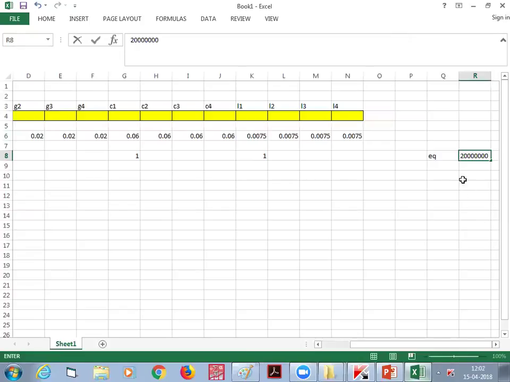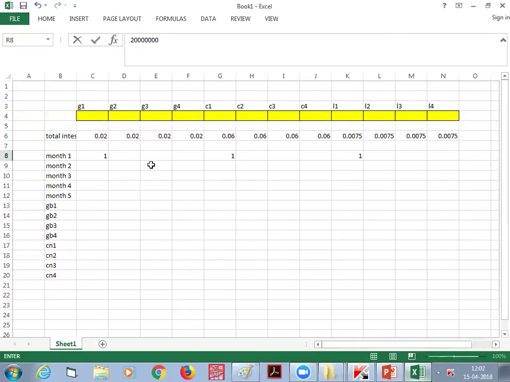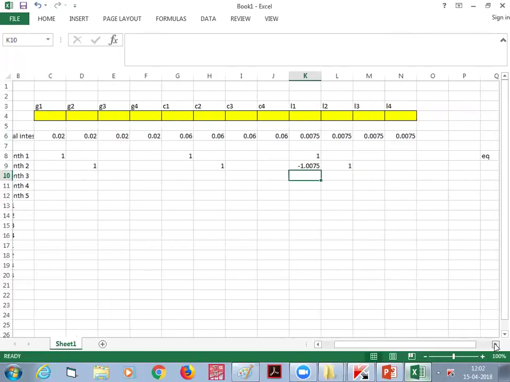So G2, C2 and L2 and minus 1.0075 into L1 should be equal to 0.